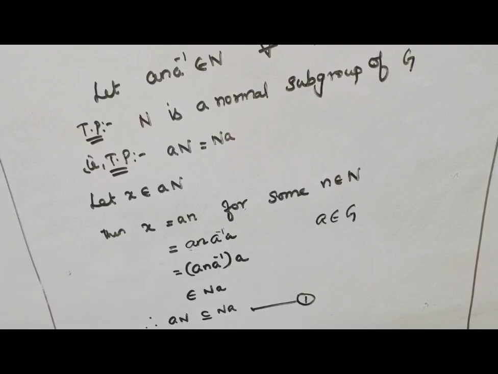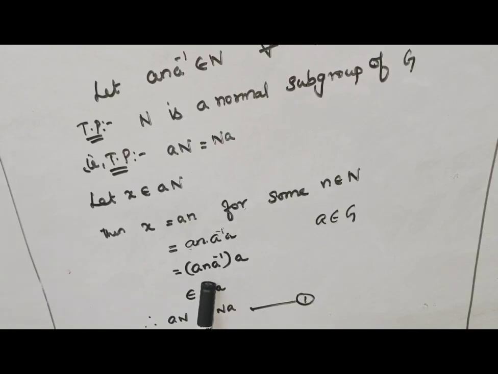That means G is a group, therefore the inverse element exists. Therefore, this an can be written as an into e. For that e, you have to write it as a⁻¹a. Again, G is a group, we know that. Therefore, you can apply the associative property. Therefore, you have to put a bracket around a⁻¹ into a.